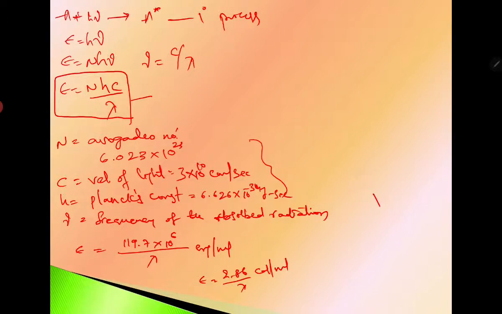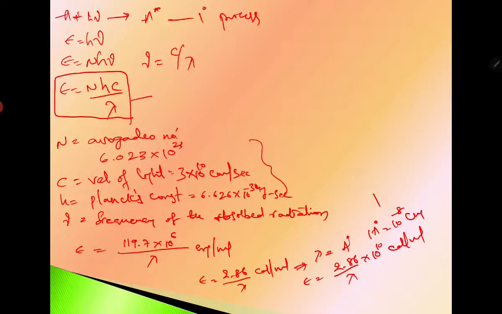Suppose if λ is expressed in angstroms, we know that 1 angstrom is equal to 10^-8 centimeters. Therefore, the energy can be given as 2.86 × 10^10/λ calories per mole.